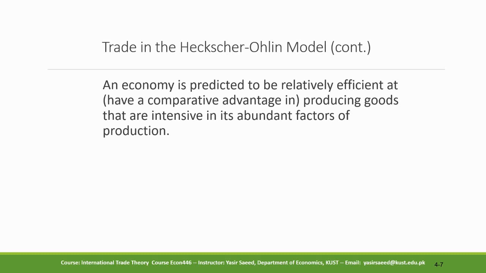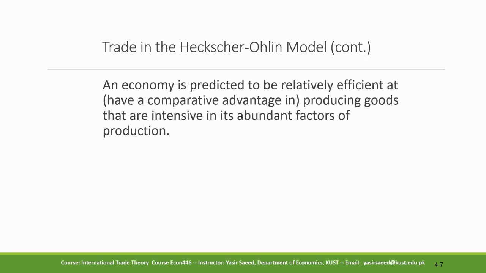So what can we predict with the Heckscher-Ohlin model? We can predict an economy to be relatively efficient, or we may say to have comparative advantage, in producing goods that are intensive in its abundant factors of production. If you want to predict, we will have to look at which factors the country is abundant in.